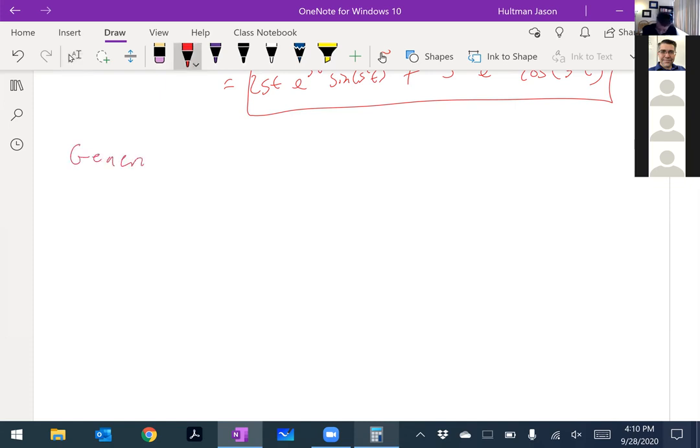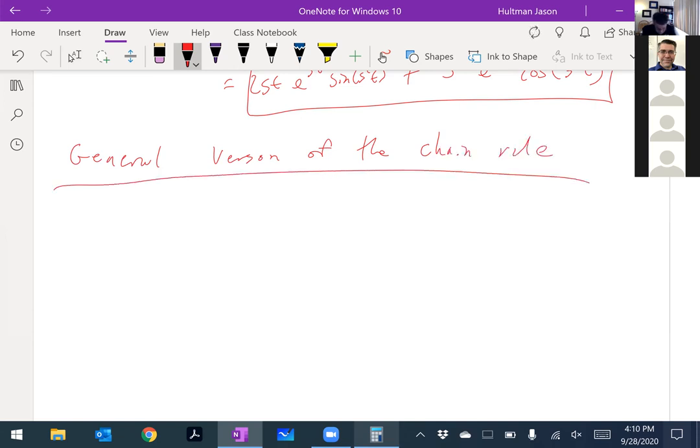So, the general version of the chain rule.